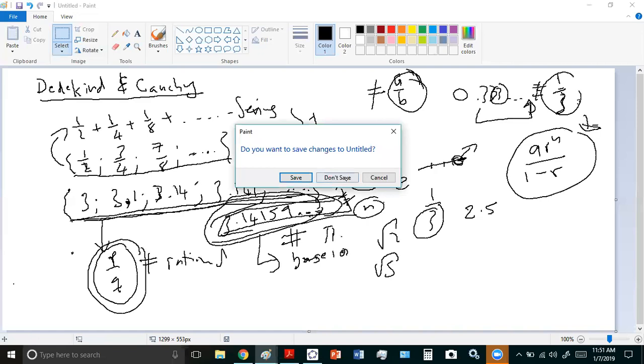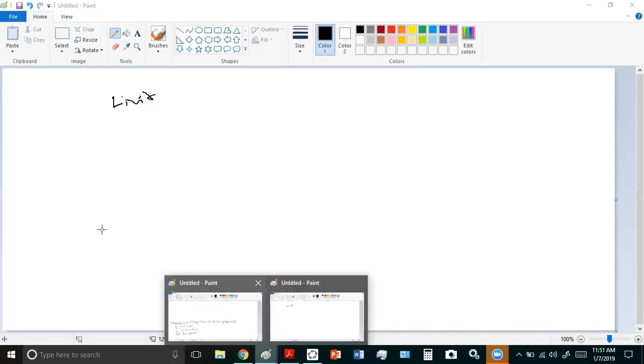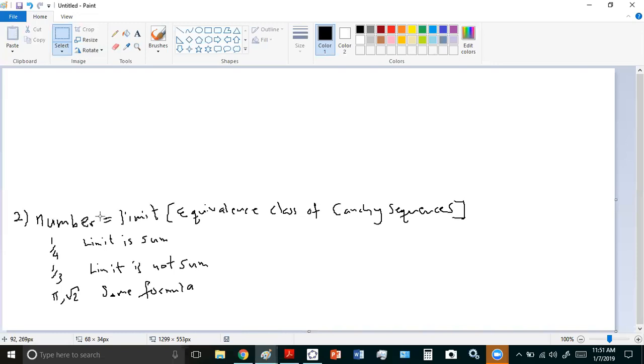So now we know that Cauchy's idea was basically to say that a number is defined as the limit of an equivalence class of Cauchy sequences, okay? Now there are many problems with this, because in the case of a quarter, the limit is the sum, right? So a quarter is simply 2/10 plus 5/100, period.